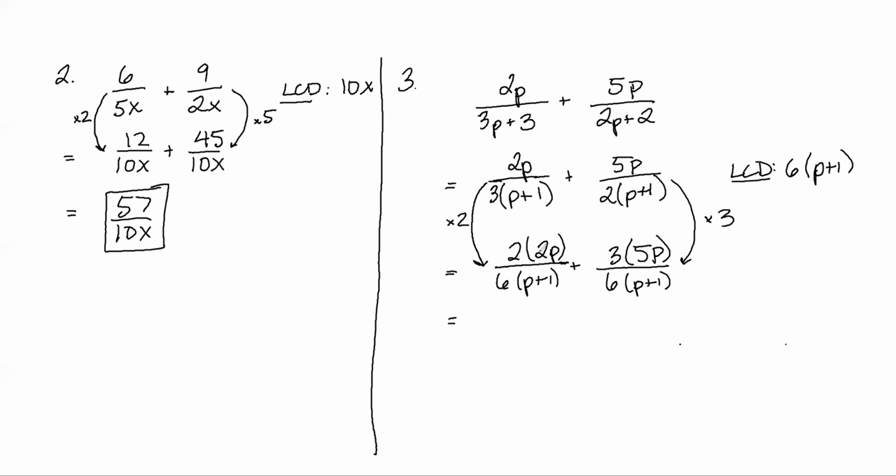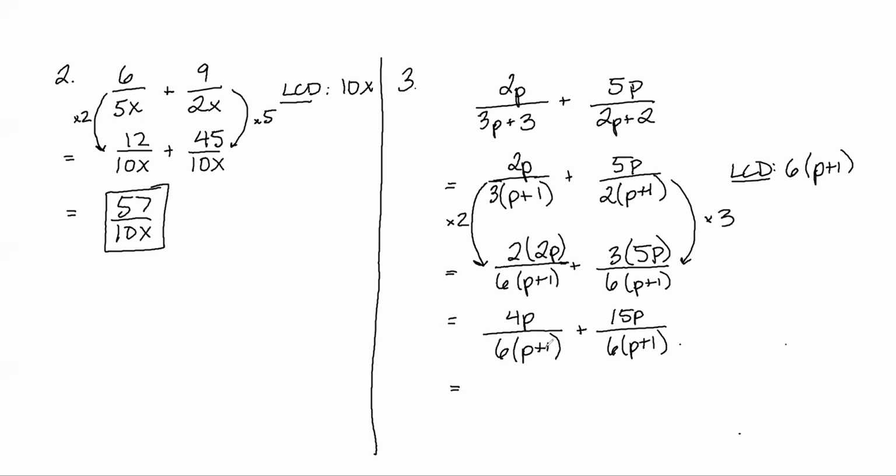So 2 times 2p is 4p over 6 times p plus 1, plus 3 times 5p is 15p over 6 times p plus 1. And once the multiplication starts getting trickier, maybe you had to FOIL, you can always do that off to the side and bring it in this step right here. Perfectly fine.